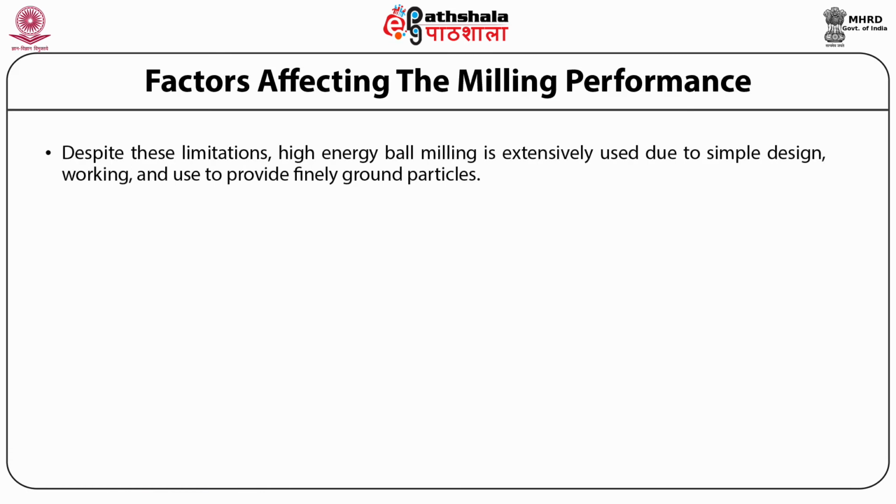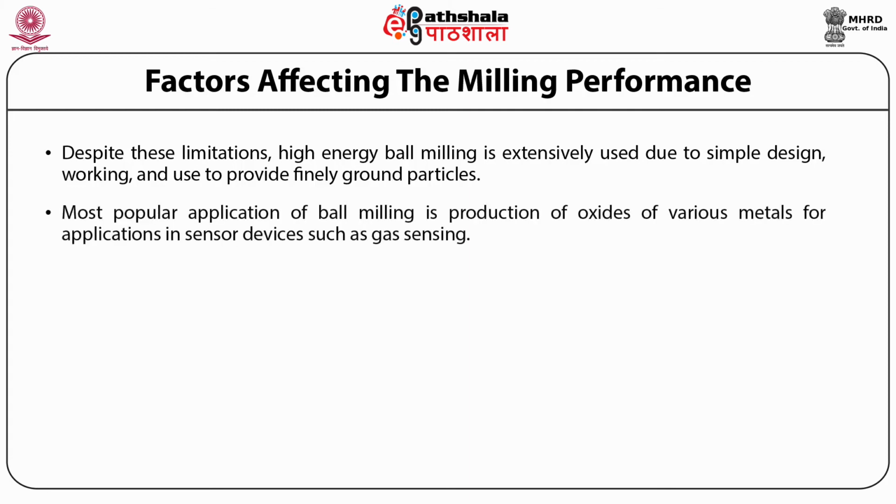Despite these limitations, high energy ball milling is extensively used due to its simple design, working, and use to provide finely ground particles. The most popular application of ball milling is the production of oxides of various metals for applications in sensor devices such as gas sensing.